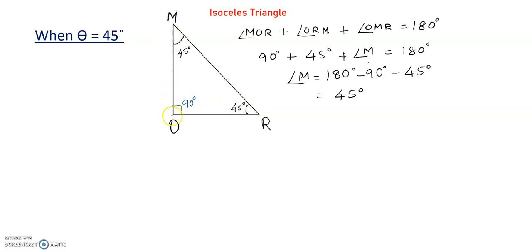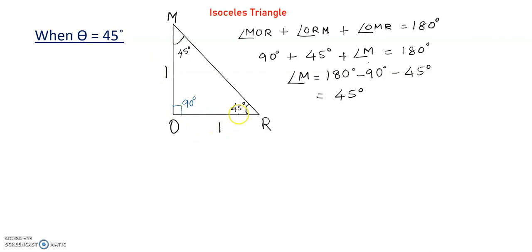So OM is equal to OR. Is that clear? So if OM is equal to OR, let's put a value for OM and OR. Let's consider OR to be 1, and let's consider OM also to be 1. So we have two sides of the triangle known.